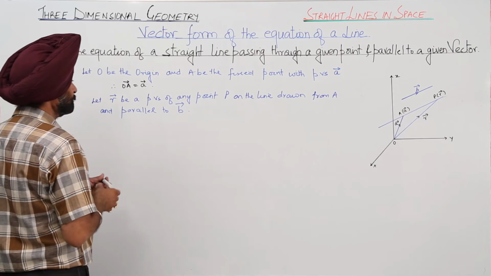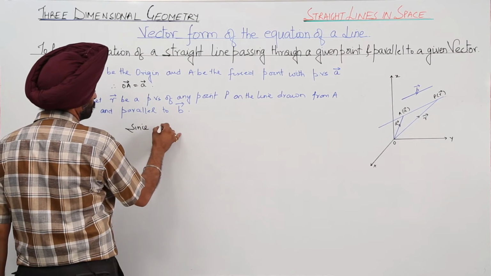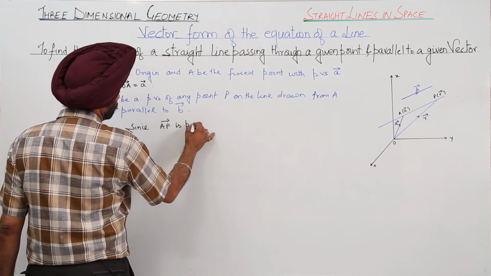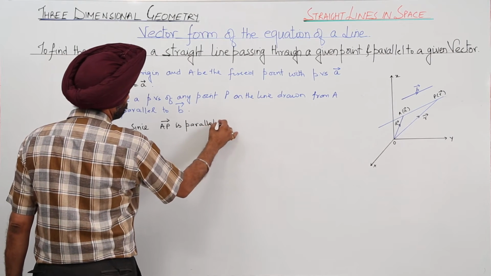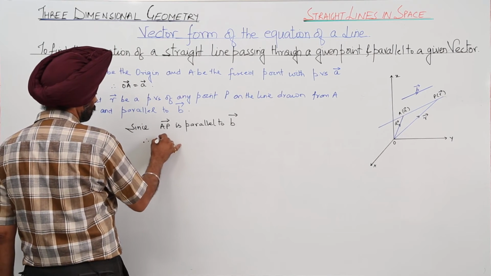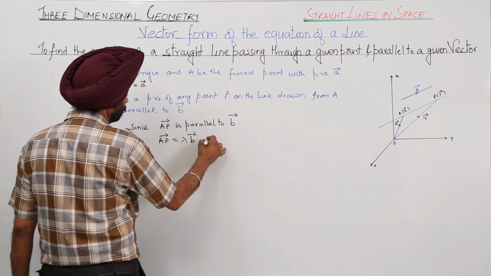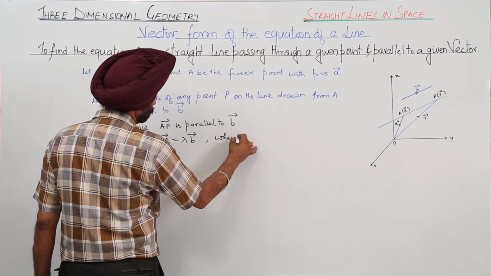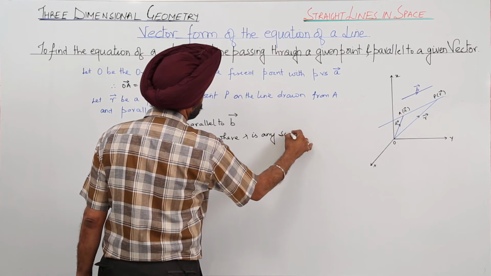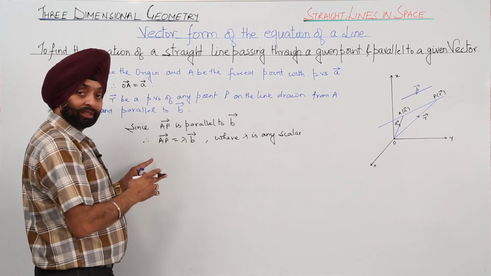Okay. Now, since vector AP is parallel to vector B, therefore, we can write vector AP is equal to lambda vector B, where lambda is any scalar. Now, how to represent this AP?